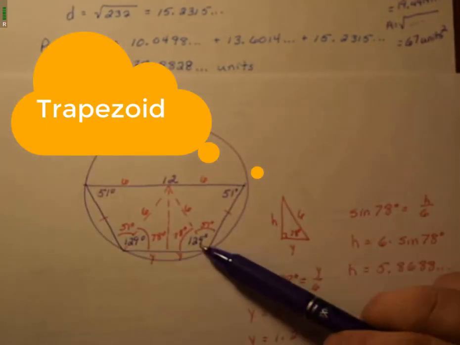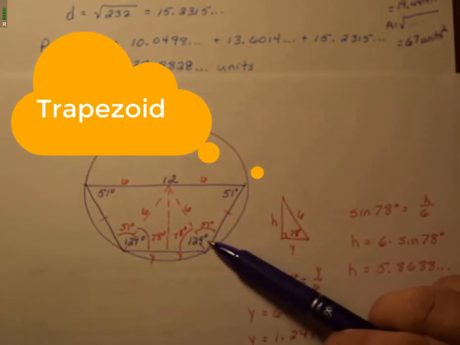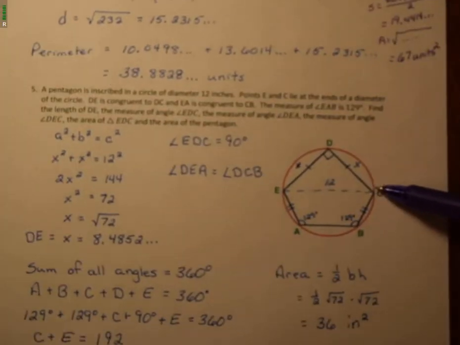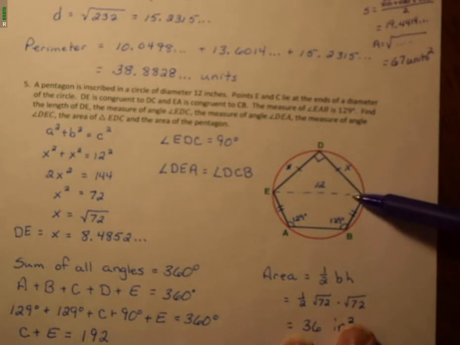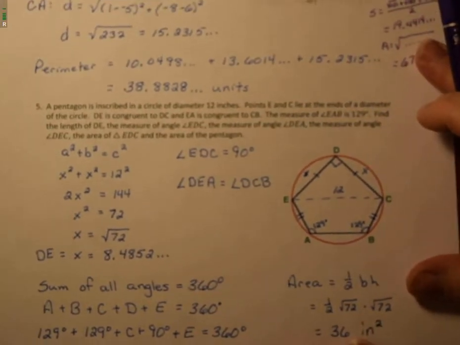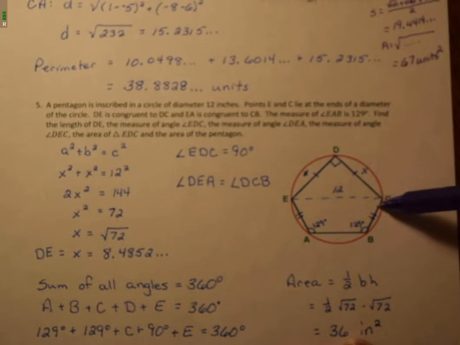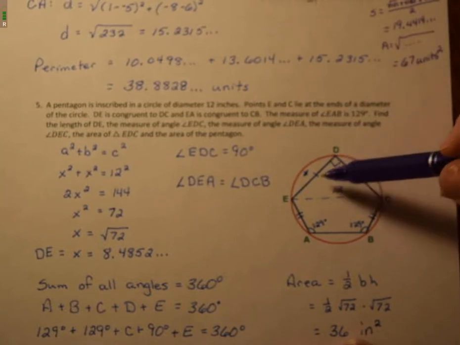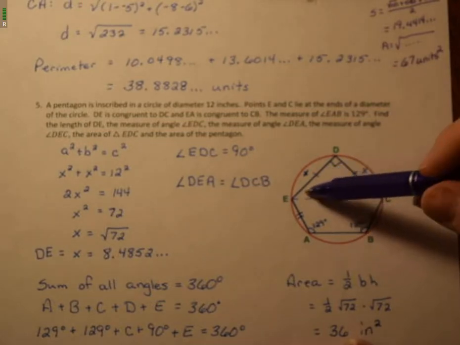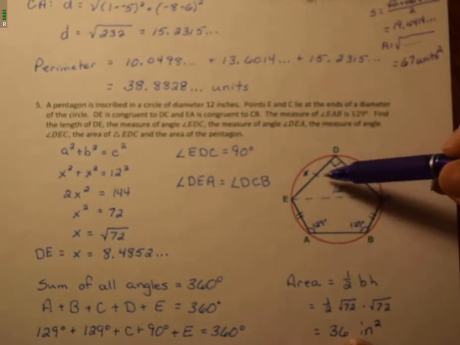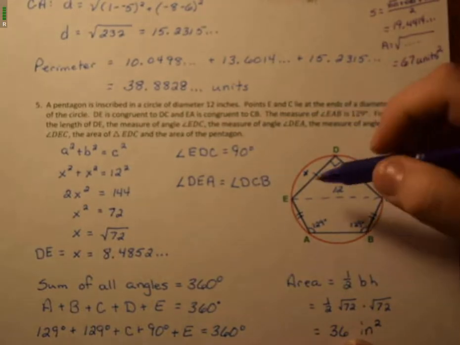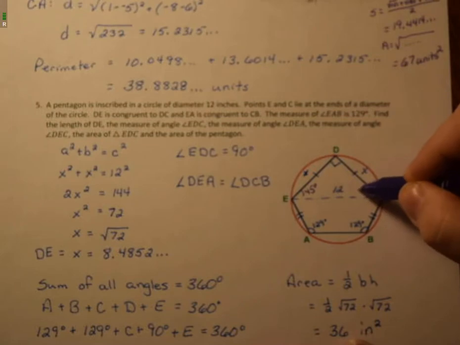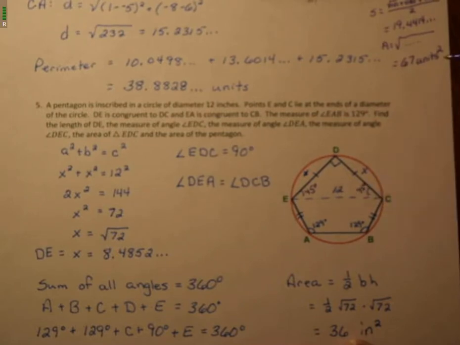We knew these 2 angles were 129 degrees, and we found that this angle here is 96 degrees. If we look at the triangle, this is 90 degrees. These 2 angles have to be the same because they're opposite equal angles. So we have a 45, 45, 90 right triangle.